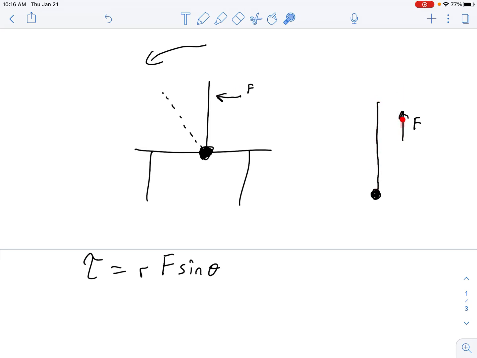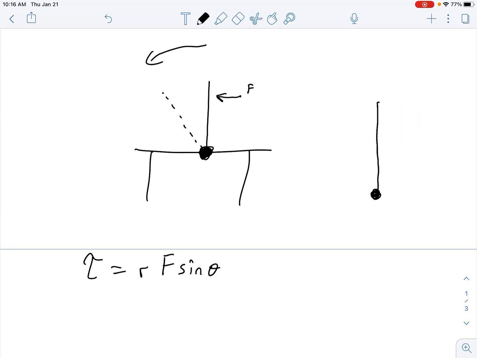I hope you agree that if I apply a force along the meter stick, it is not going to rotate. We are not going to start it rotating if I push that way. It's going to do something, but it won't rotate. It'll just move that way, or the hinge is so strong that it can't move at all. So that does nothing for rotational motion.